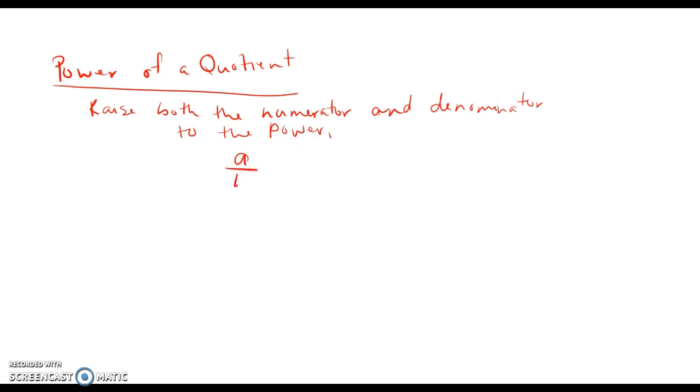So if we have a divided by b, a divided by b to the nth power, then that is the same as having a to the nth power divided by b to the nth power.